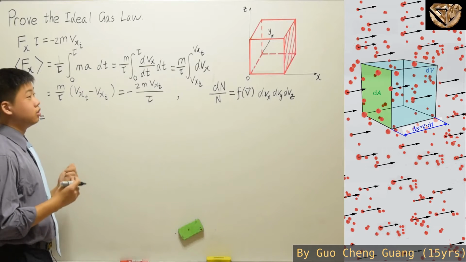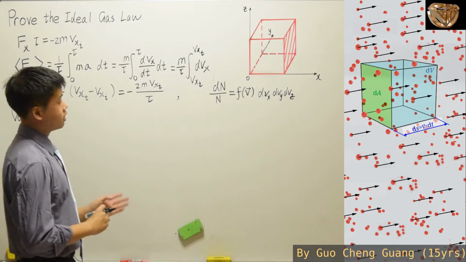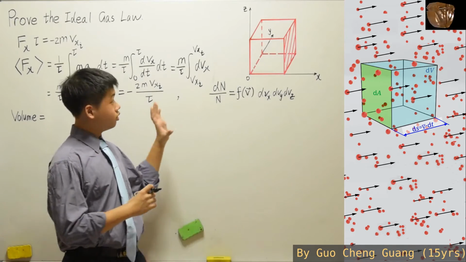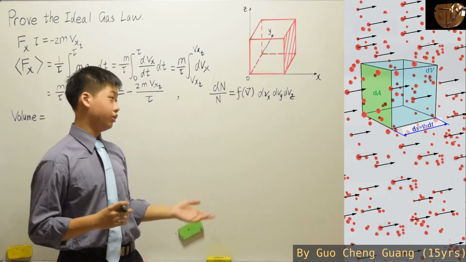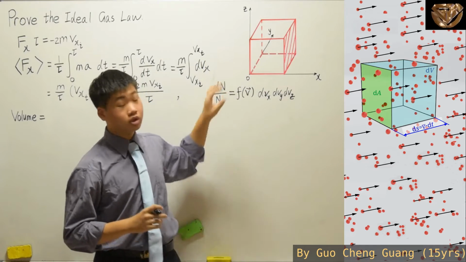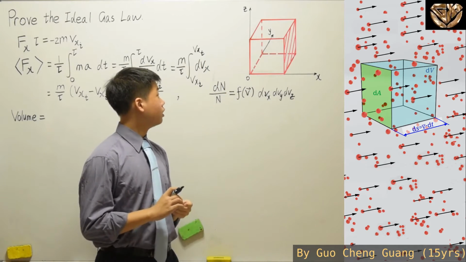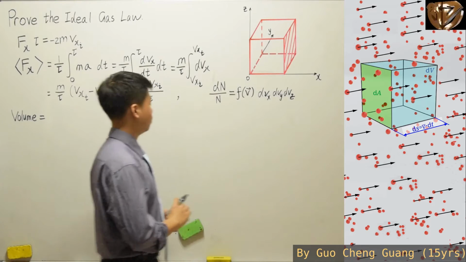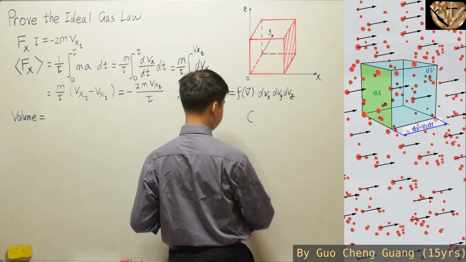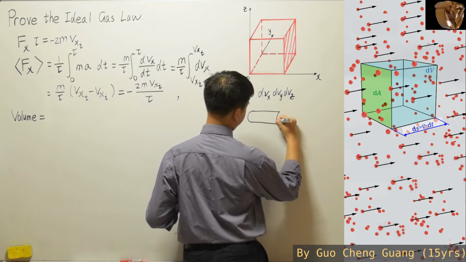What would be so special about this volume? So volume, let's just say the cross-sectional area of your little tube or container, whatever you like. So that cross-sectional area, it would be the A, alright? So, for example, you just have a little tube.